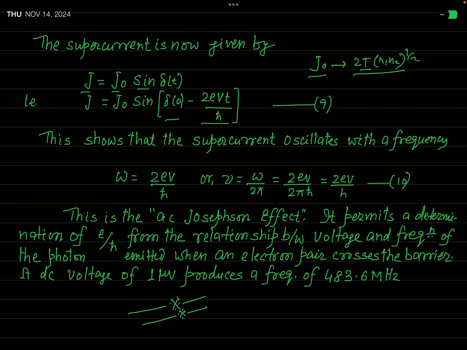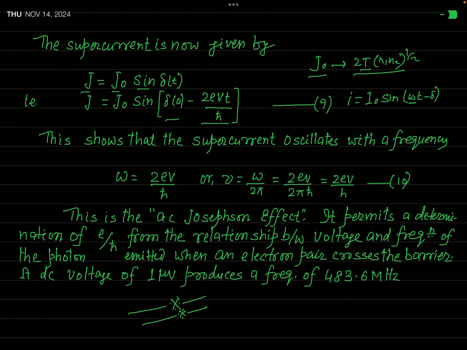Now see this supercurrent density. Can you recognize it? When you talk about alternating current, I equals I naught sine omega t, with a phase constant you can take as delta or phi, anything.